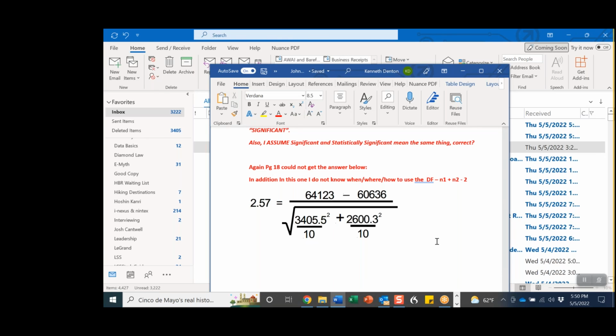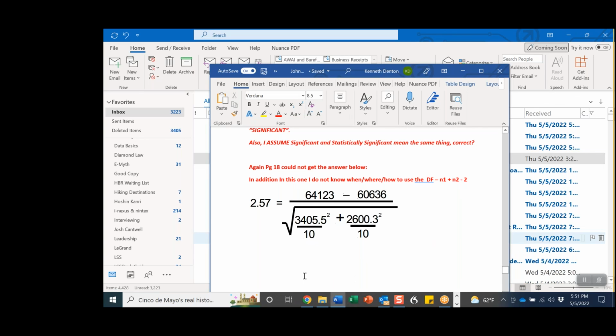So when you do the T statistics, you have to have two formulas. The T, which we calculated to be 2.57, correct? I thought I was trying to work the formula to get the answer of 2.57. So I didn't know how to work it without the DF.